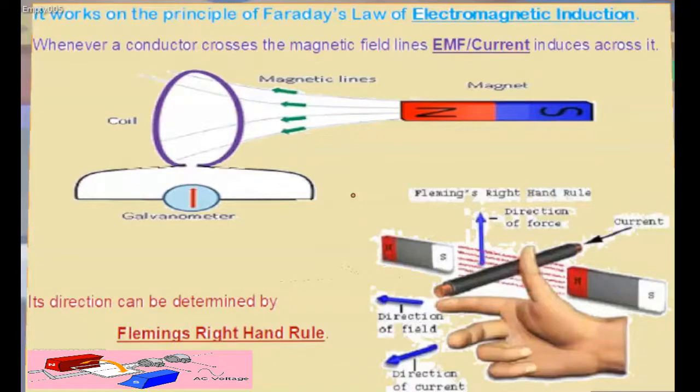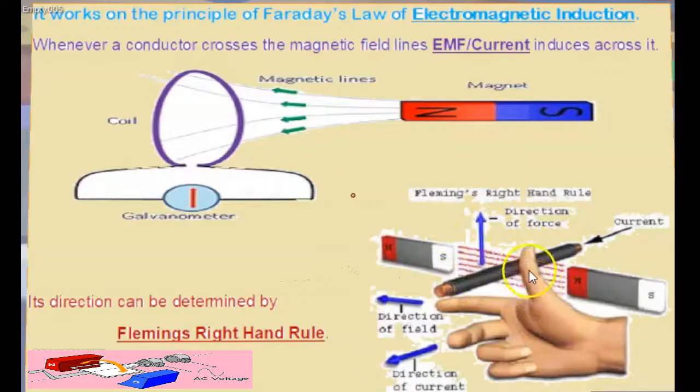According to this rule, if we stretch our right hand as per the diagram, where the thumb, index finger and middle finger are stretched mutually perpendicular. If we put thumb in the direction of motion of the conductor, as you can see here also, the conductor is moving upward.